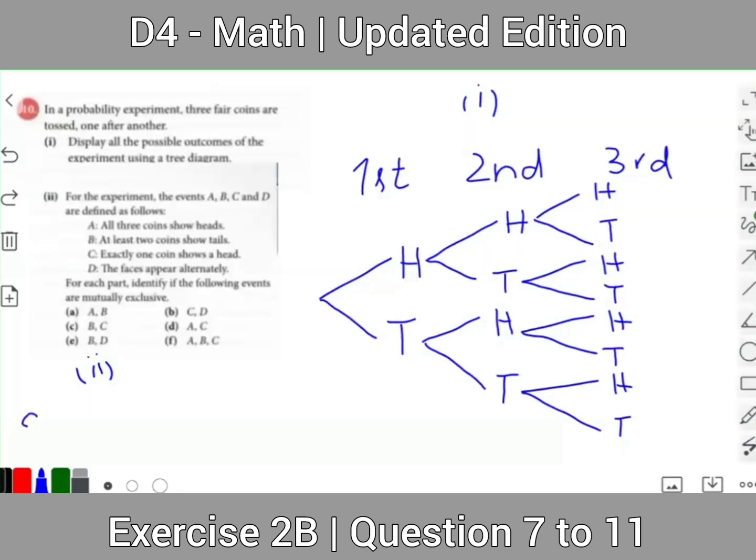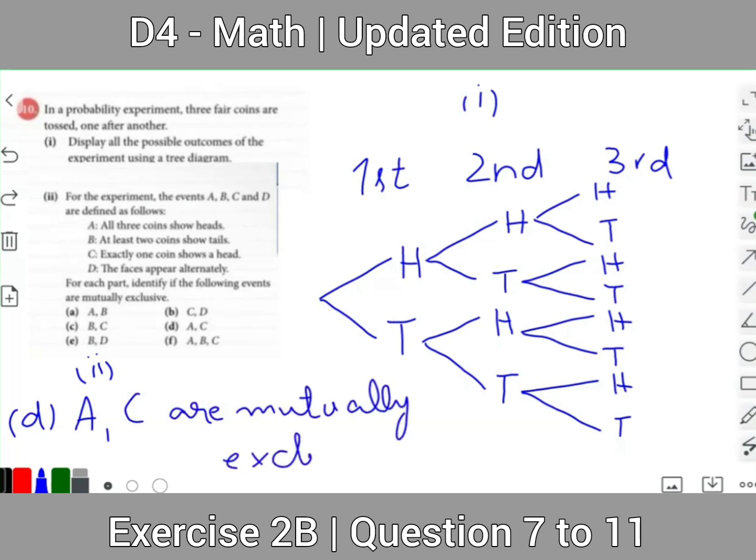Now in part D, we have A and C. The A is all three coins show head, and the C is exactly one coin shows a head. So these two events, A and C, are mutually exclusive, just because these two events have nothing in common between them.